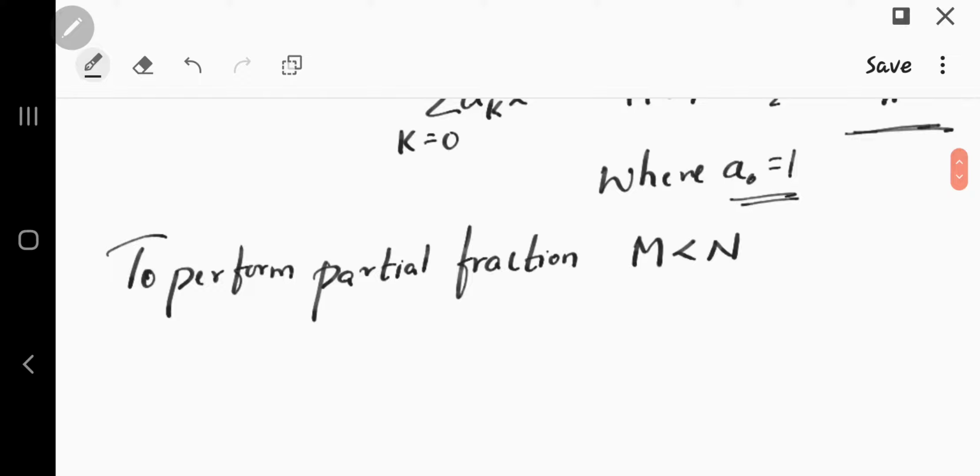That means the numerator power should be less than the denominator power. If this doesn't happen, sometimes the power of the numerator will be the same as that of the denominator, or sometimes it might be greater than that of the denominator. In that case, we can't apply this partial fraction expansion.